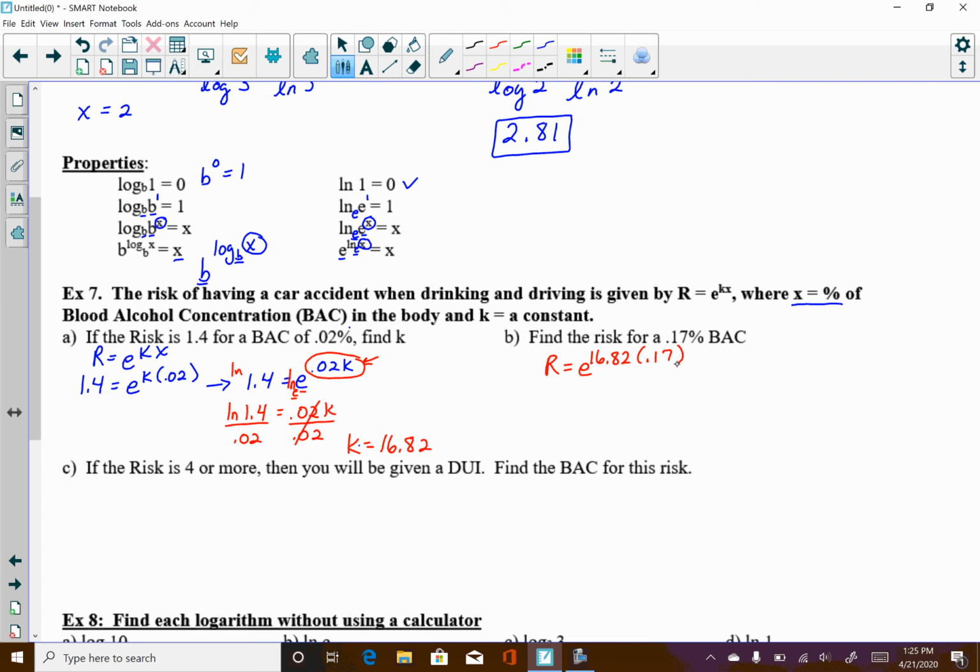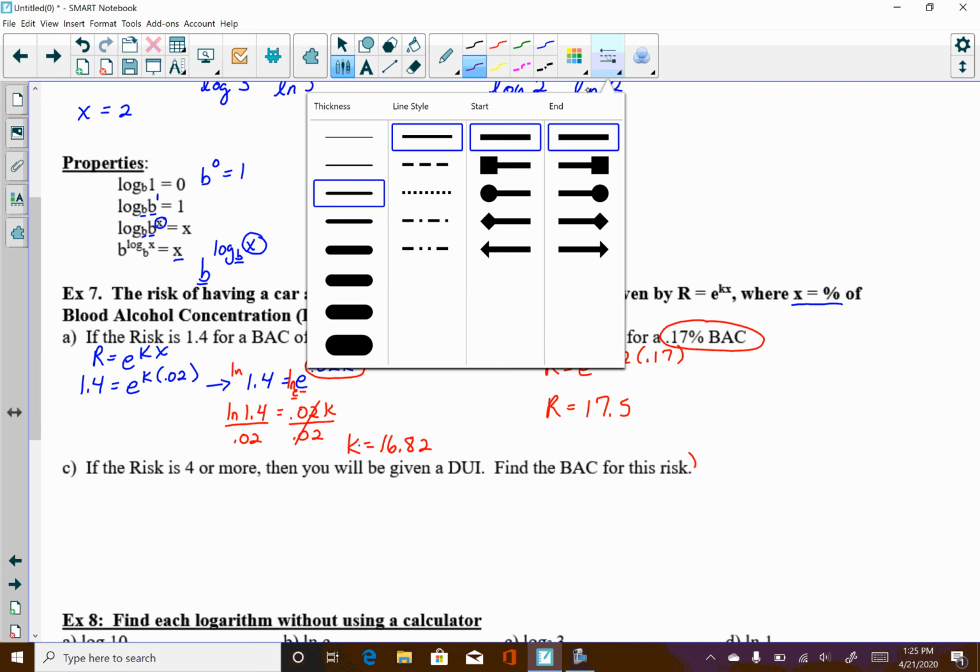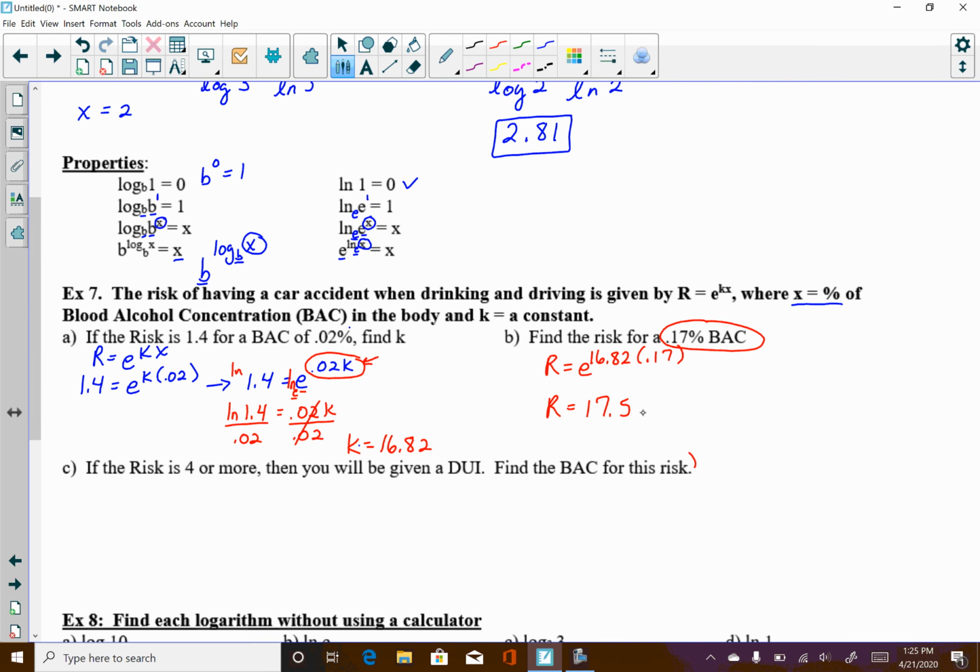You would just type that directly into your calculator, e raised to the 16.82 times 0.17, and you should get a risk of 17.5. So a person will be 17.5 times more likely to have an accident with a 0.17 blood alcohol concentration. I'll write that as 17.5 times more likely to have an accident.